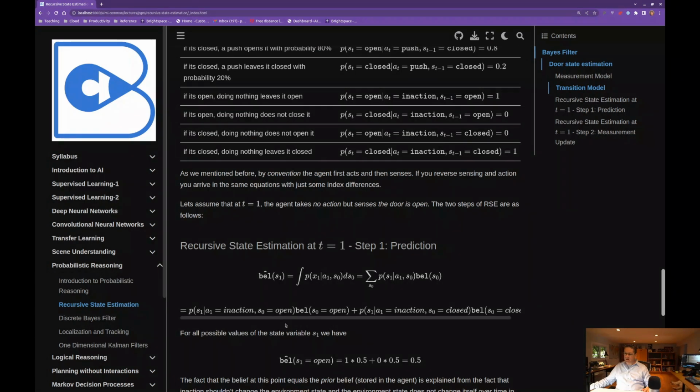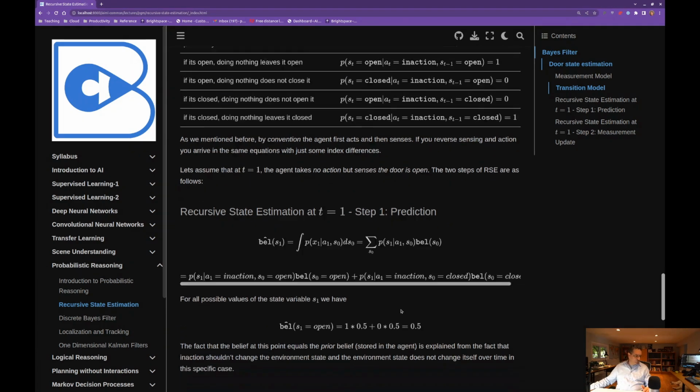And no surprises there if we specify the transition model as it is given for the state S0 open, and if we specify the transition model for when it is closed, then we are going to estimate a belief hat that the next state is open, which is again 0.5.